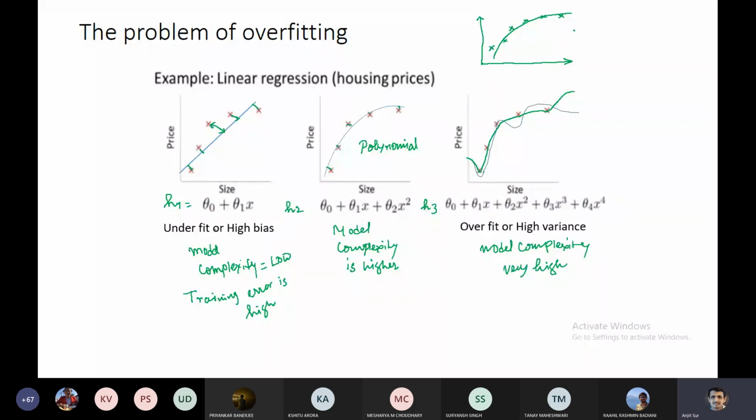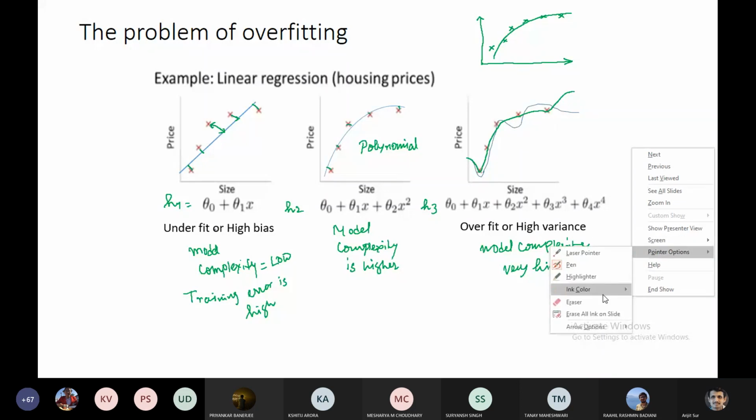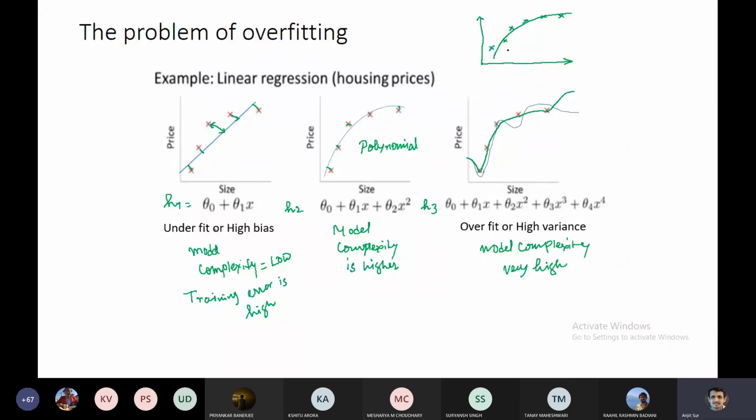Now if there is a point here, the question is how you change this curve.